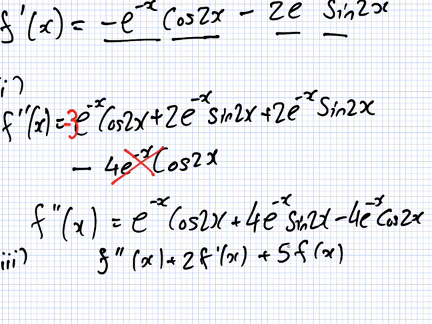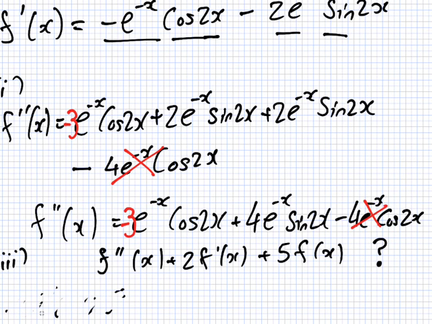Okay, so now let's check this. Second derivative, minus 3e^(-x) cos 2x plus 2e^(-x). What am I doing? Why don't I add these together? Oh no, there's my answer there. Well, it's fine, I'll just write it in on this line as well. Minus 3, and then scratch that out.